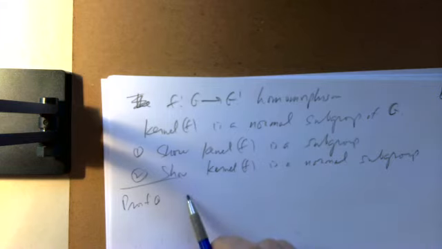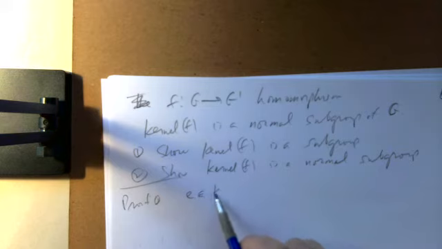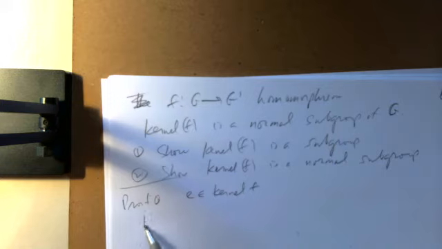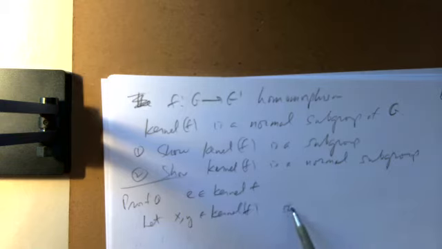So we know, because we already proved, that the identity of G is in the kernel of f. Now, suppose we take any two elements x and y in the kernel of f. We want to show xy is in the kernel of f.